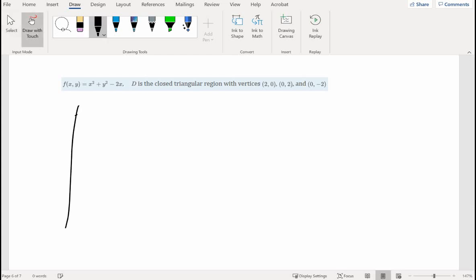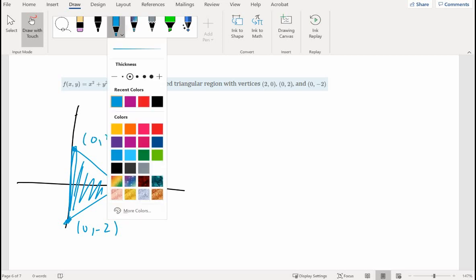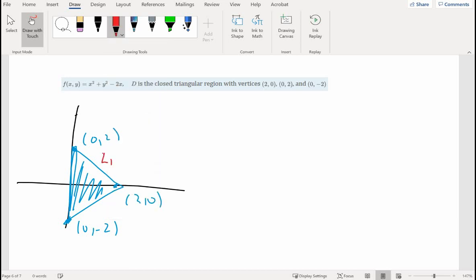So in this one, we have a triangular region. And the points are at 2, 0, 0, 2, and 0, negative 2. So that's this triangular region in here. Now, I'm going to call this L1, this is L2, and this is L3.